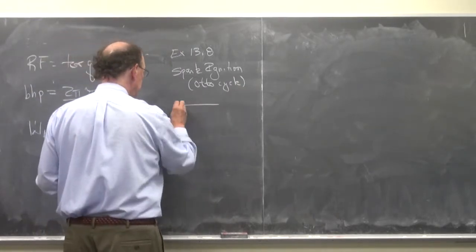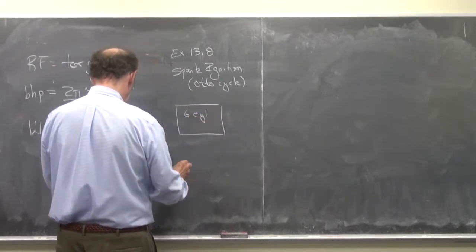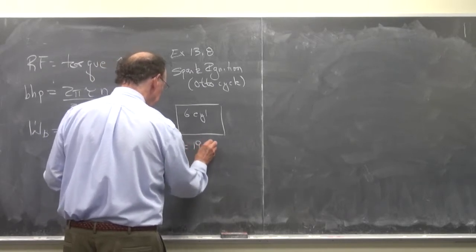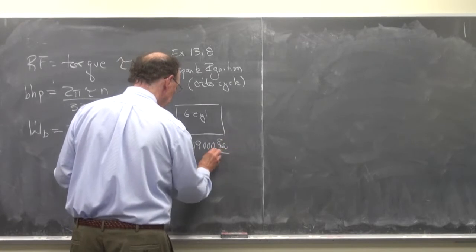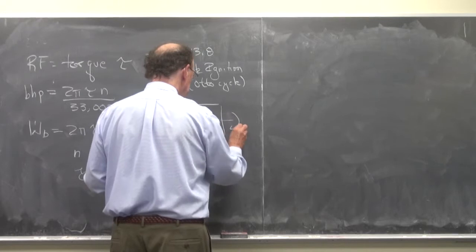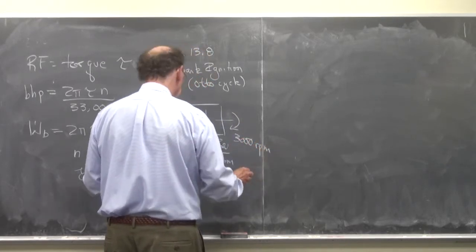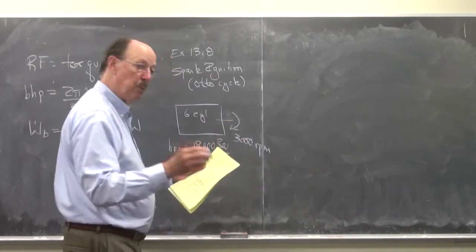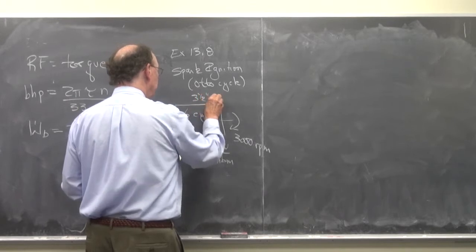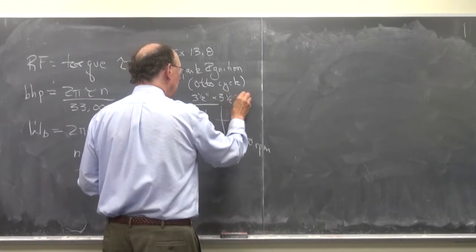We're going to have 6 cylinders. The H sub RP is equal to 19,000 BTUs per pound mass. It's turning at 3,000 RPM. The bore and stroke is 3.5 inch by 3.5 inch.